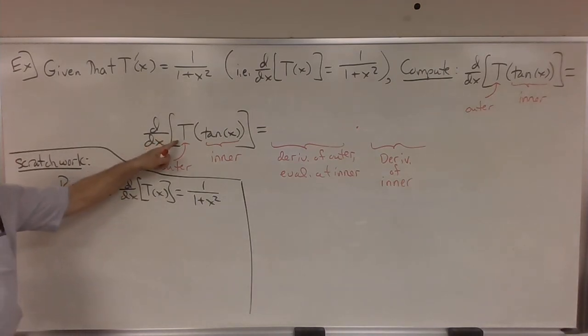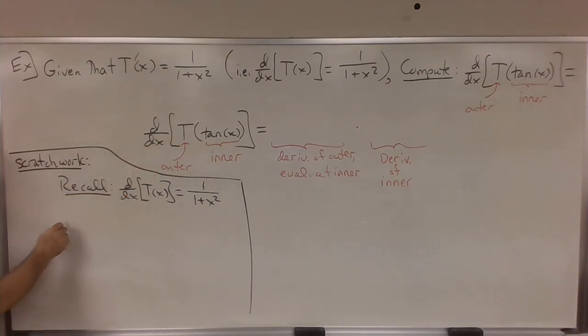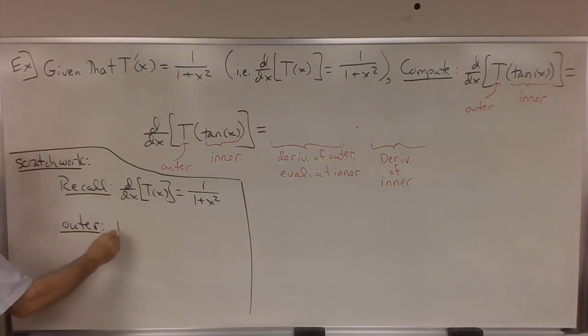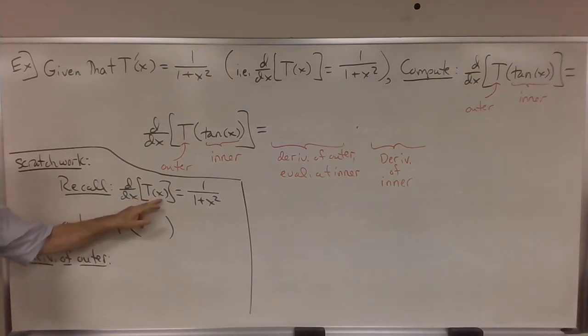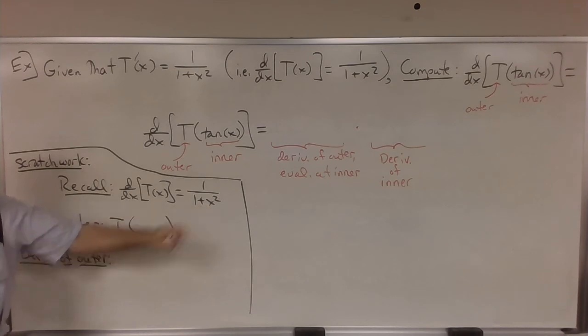And capital T is the outer function. So the outer function is T evaluated at something. And what about the derivative of the outer function? Well, the derivative of T of x is 1 over 1 plus x squared.